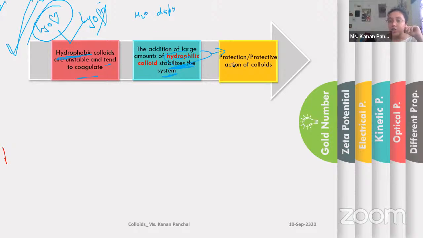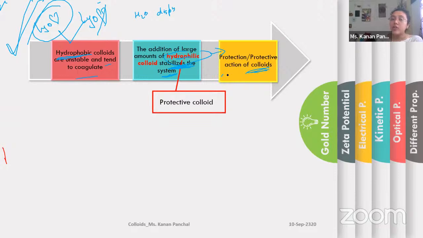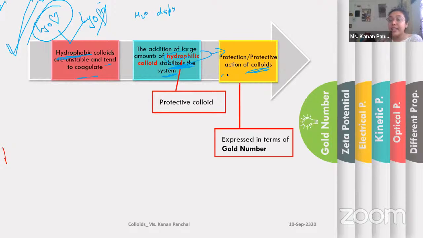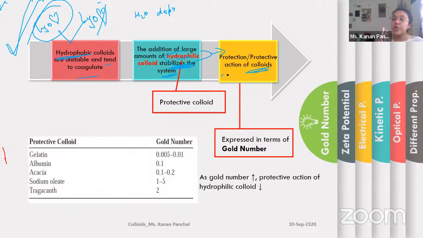And this protective action of hydrophilic colloids is measured in terms of gold number. तो तुम्हारे हाइड्रोफिलिक कोलॉइड्स को in this case you can call it a protective colloid, and the degree of protection is expressed in terms of gold number. But यहाँ पे relation उल्टा है कि as the gold number increases, the protective action decreases.